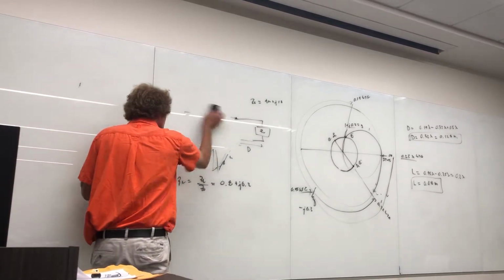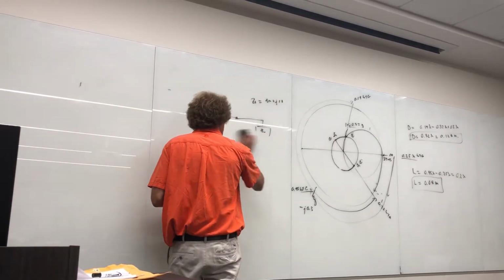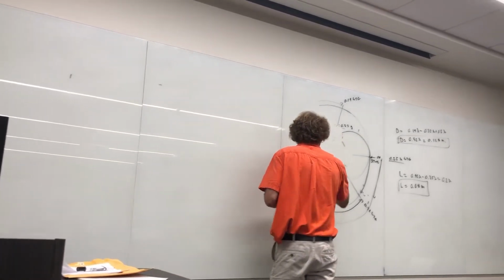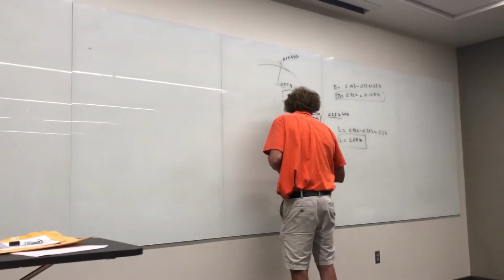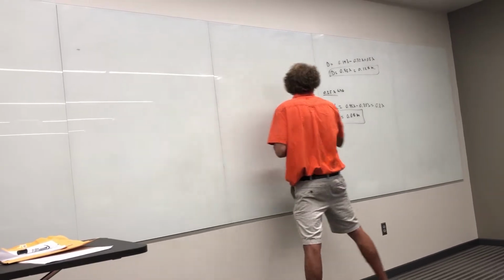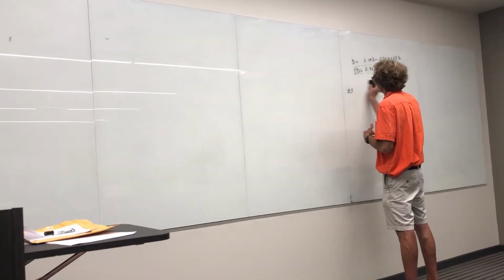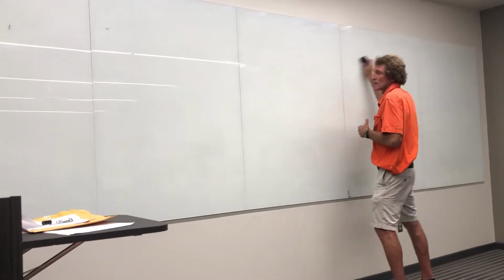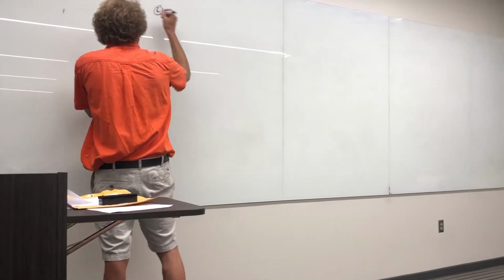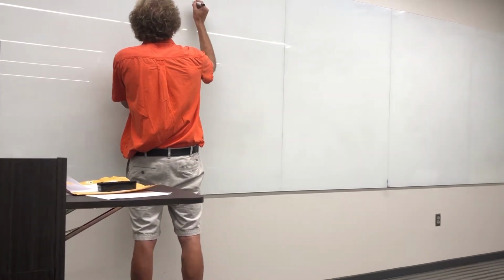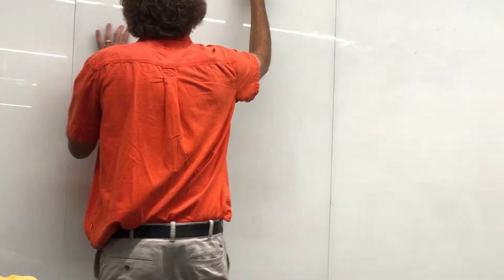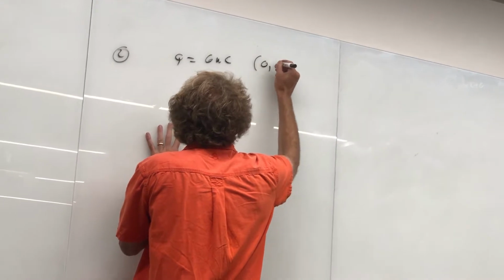Next problem. This is the one where you have to be familiar with the electric field from different charge distributions. Problem 2: we have a charge Q equals 6 microcoulombs at (0, 0, 1).